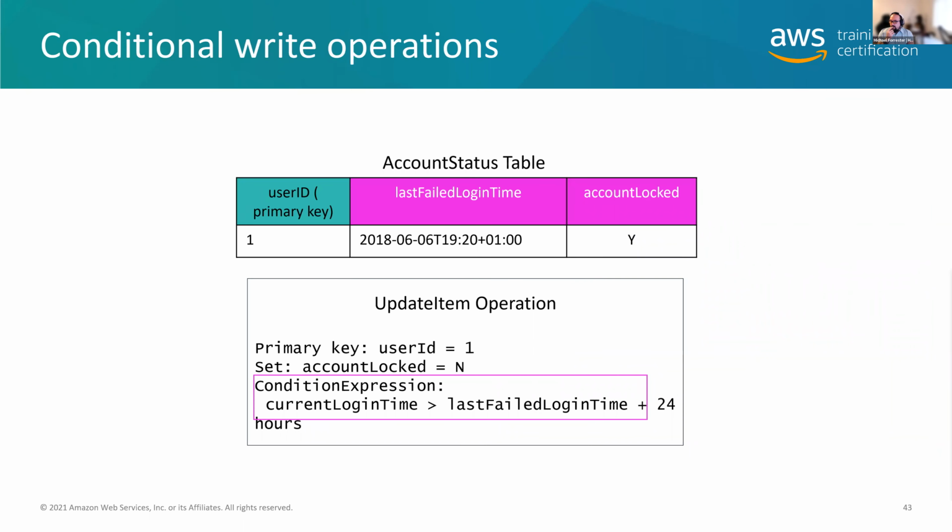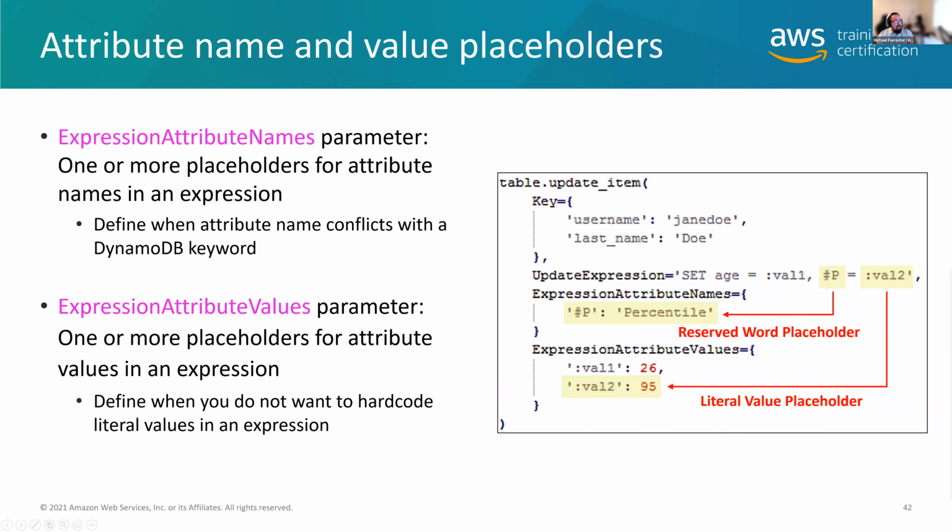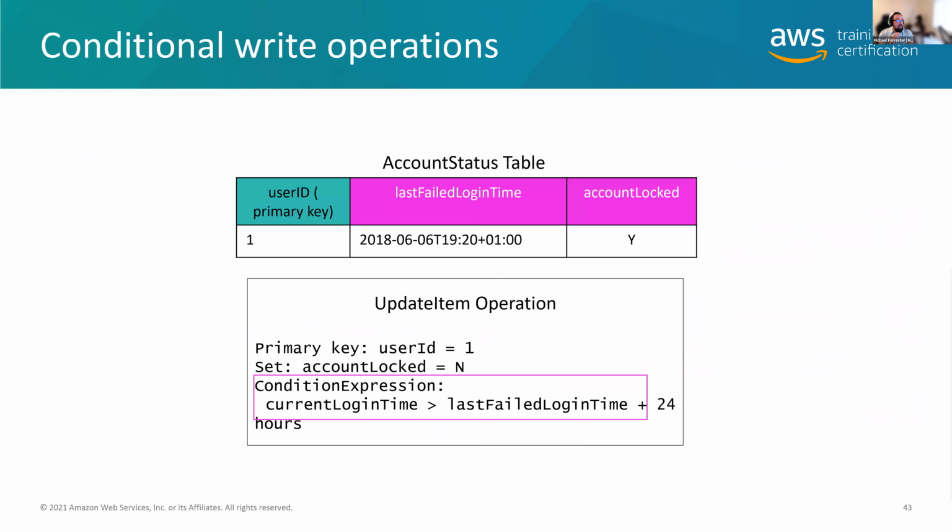I think I may have mentioned this before. In addition to being able to do substitution or aliases, which is what the previous slide was all about, the expression attribute names and expression attribute values, you can also do what are known as conditional writes. And by the way, that conditional write could be an evaluation of the current value plus an additional value.